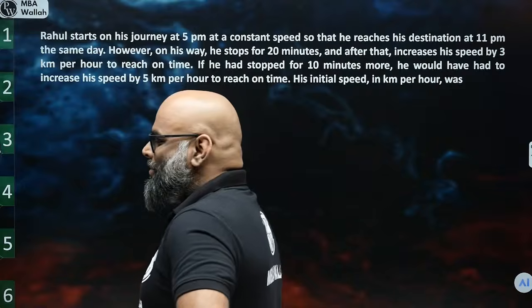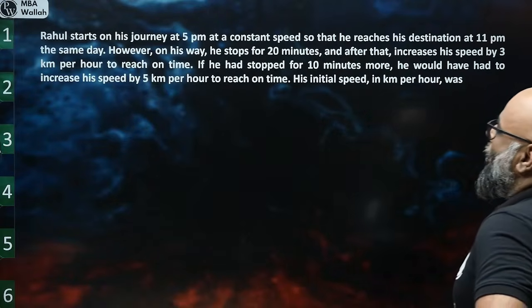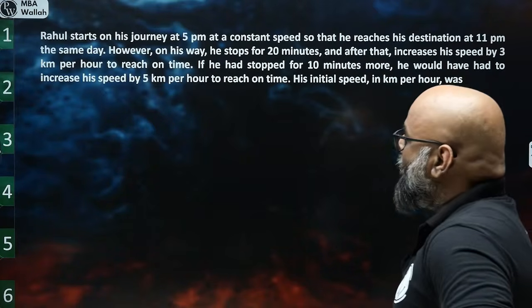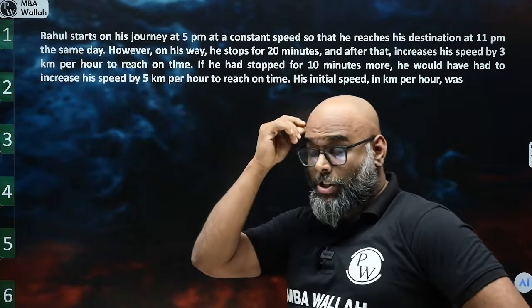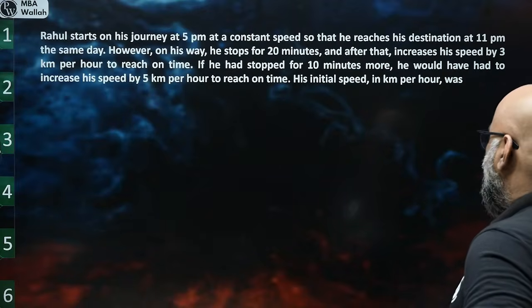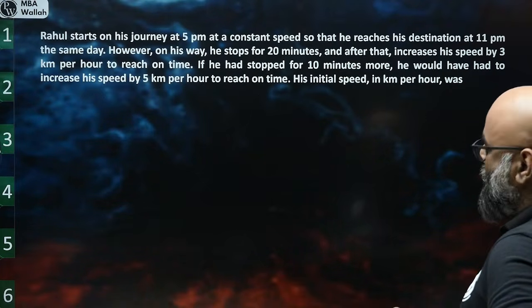Right. Now, coming back to the question. Rahul starts on his journey at 5 p.m. at constant speed so that he reaches his destination at 11 p.m. the same day. So that's a 6 hour journey. However, on his way, he stops for 20 minutes and after that increases his speed by 3 kilometers per hour to reach on time.